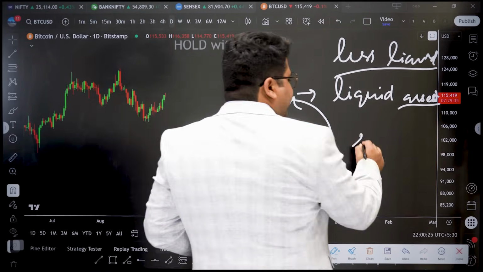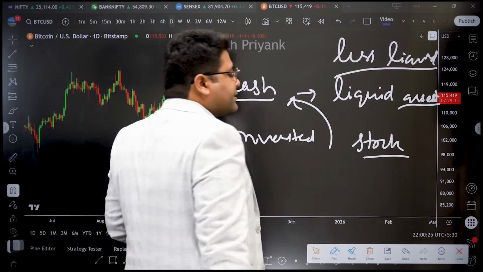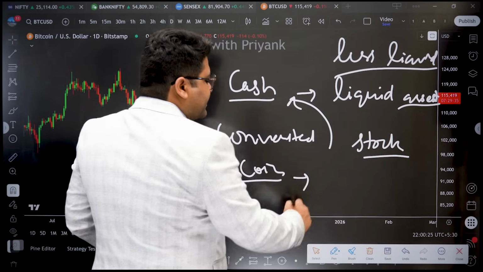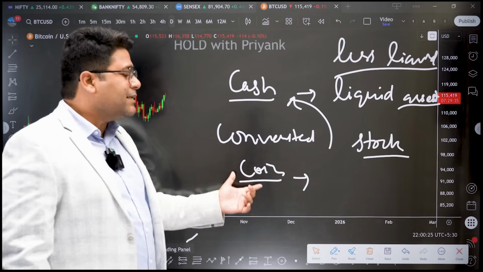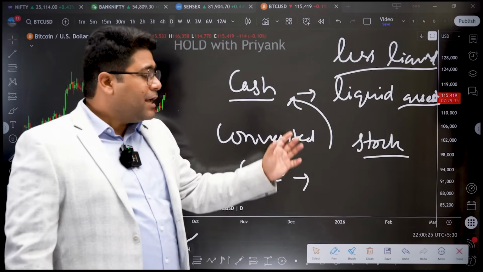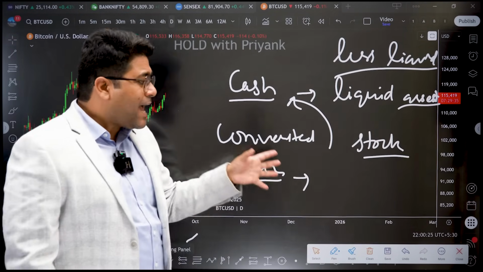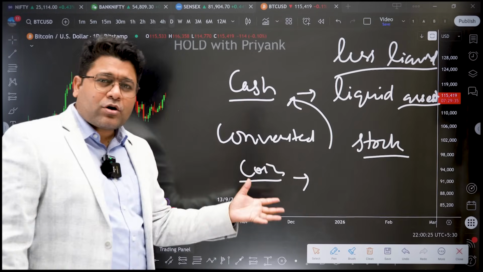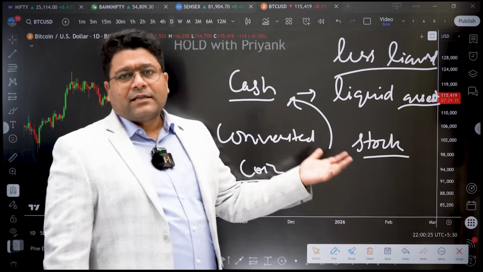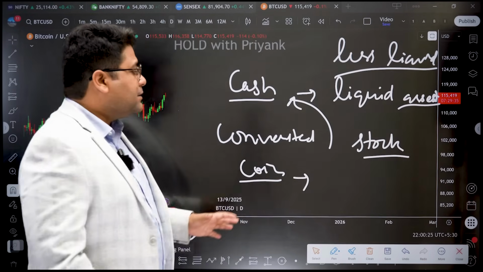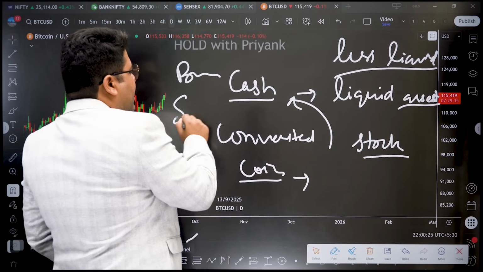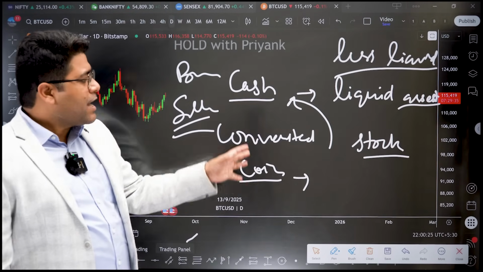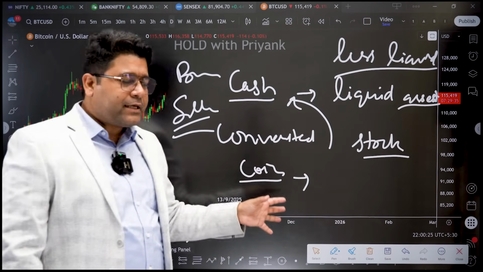So any stock which you can sell very quickly is a liquid stock. If any crypto coin you can buy and sell immediately, you will say that coin has high liquidity, such as Bitcoin, Ethereum, which you can buy and sell immediately. But if it is a new coin, or you are trading on DEX, or you are using any penny stock, that might take days or hours to sell, because there are fewer buyers and fewer sellers. That's why we call that less liquid. All right, so you understood, anything which can be converted into cash quickly is called liquid.